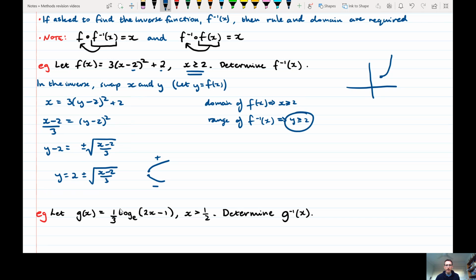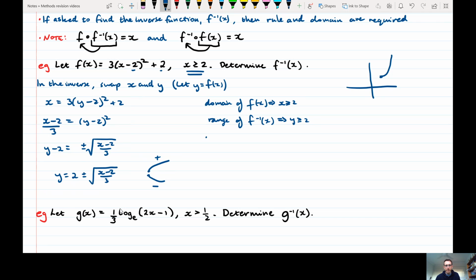So the range has to be bigger than or equal to 2. Let's look at this down here. Which one of these two options is going to make sure I always get bigger than or equal to 2? Well, of course, it's going to be the plus one. If I start with 2 and I add any number to it, it makes it bigger than 2, doesn't it? But if I have 2 and subtract something, it always makes it smaller. So therefore, we only have the positive option.